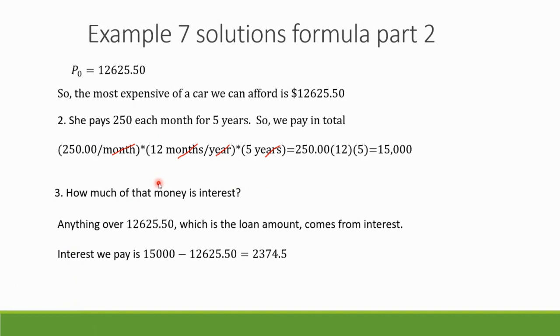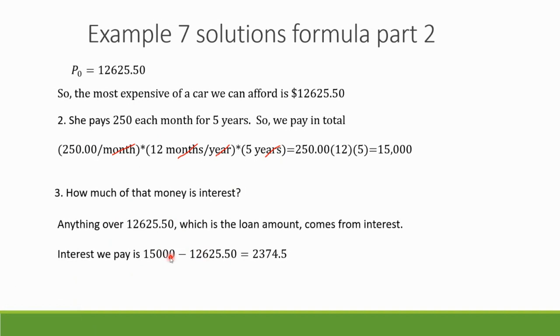$15,000, okay? And how much of that is interest? This is what I just had to fix. This is the loan amount, right? But anything that she pays beyond the loan amount is interest. Anything over this amount covers the interest.